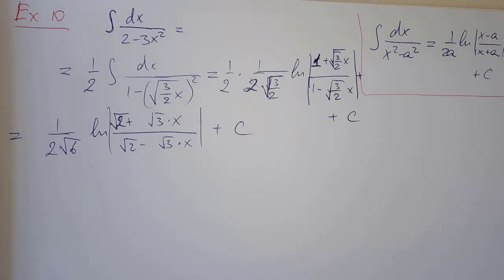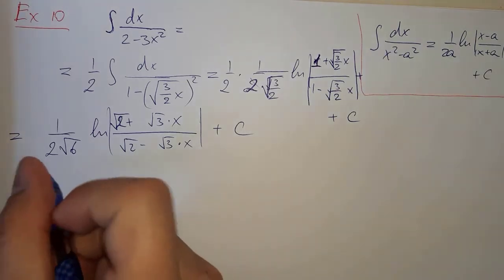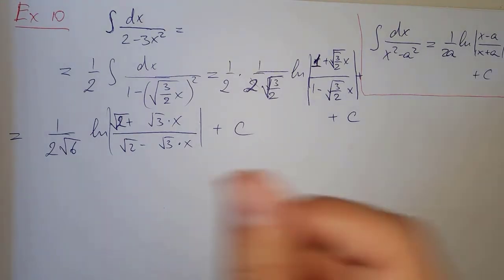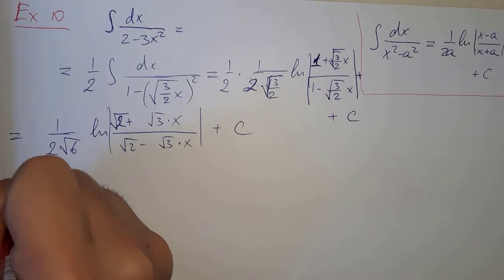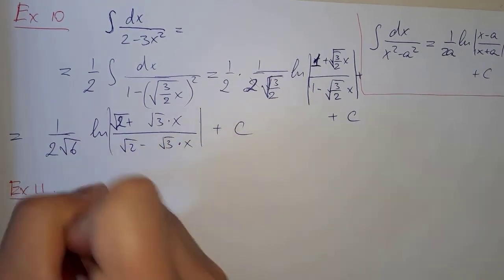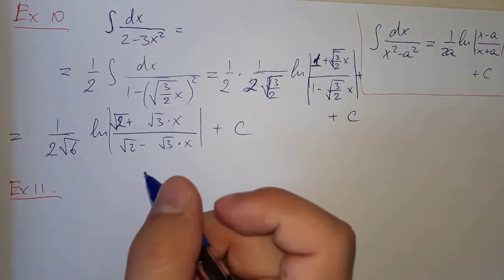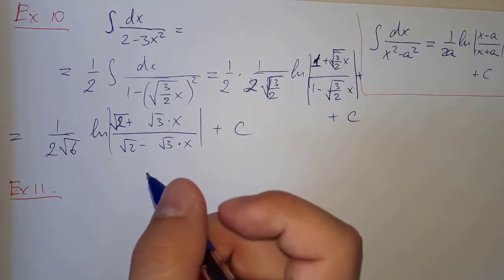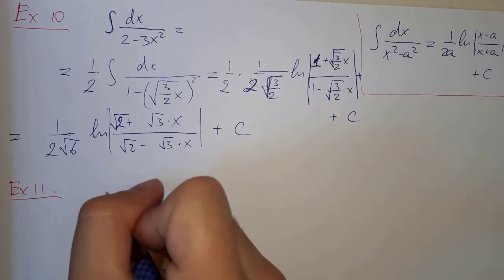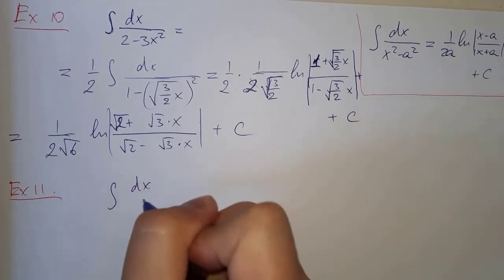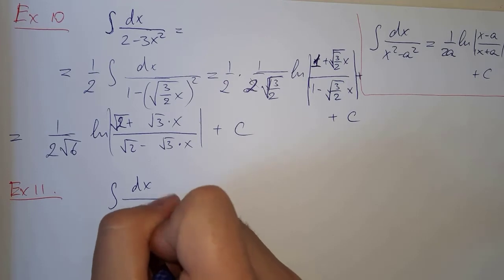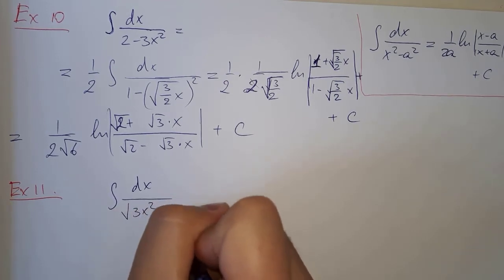Okay, now let's continue. The next one is exercise number 11. Here we have the integral dx over 3x squared minus 2.